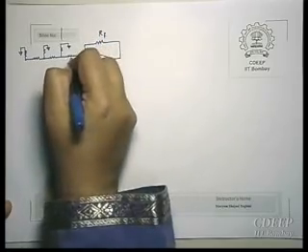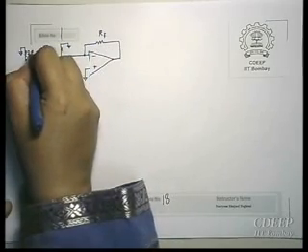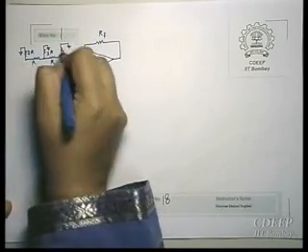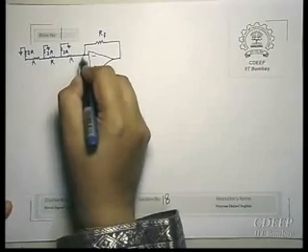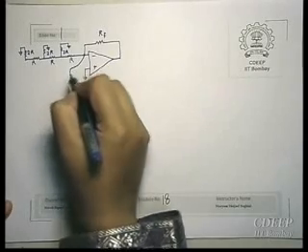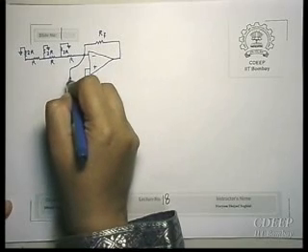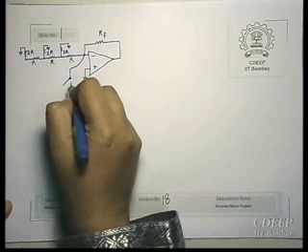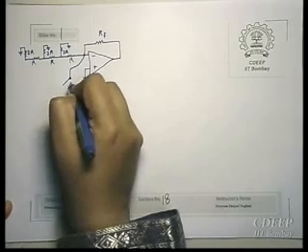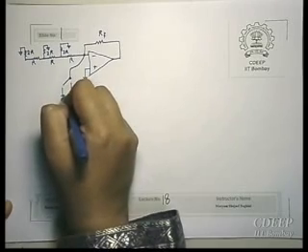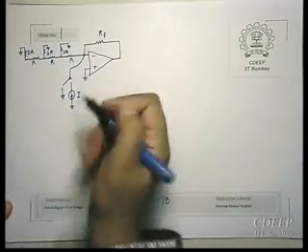Again R and 2R, same as before. But instead of using voltages, we will use current sources. So here there will be a switch, which will be either connected to ground or connected to a constant current source.